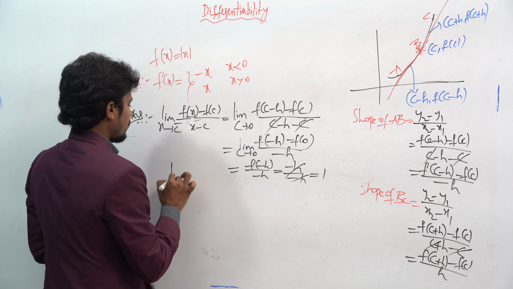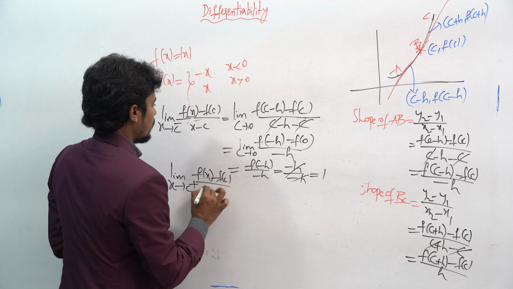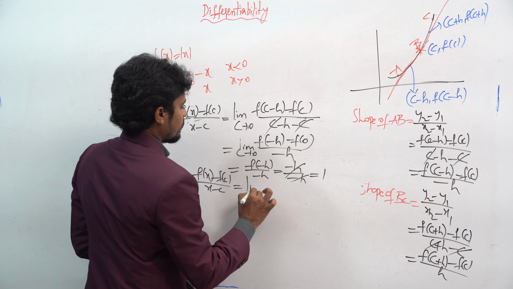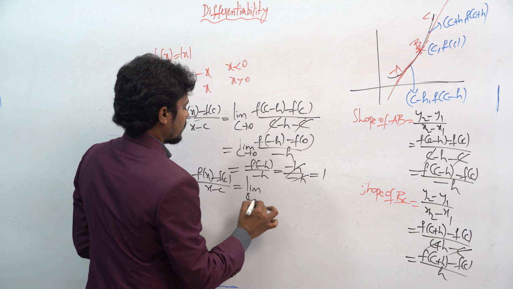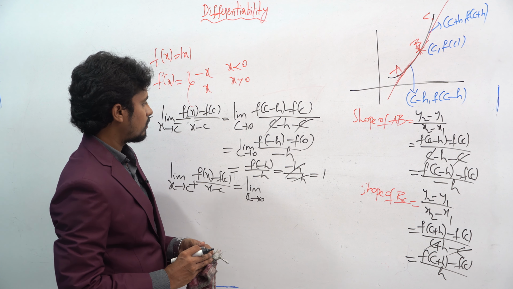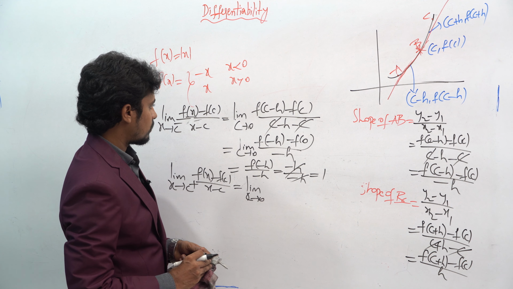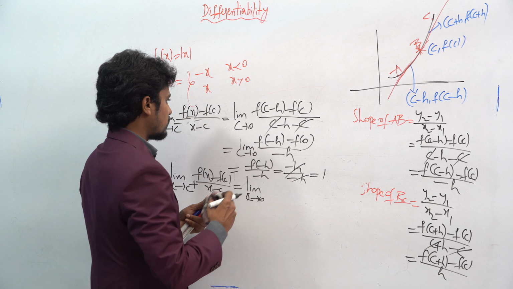And similarly, if you apply the limit x tends to c plus of f of x minus f of c divided by x minus c, for example with c as 0, it is the limit h tends to 0 of f of 0 plus h minus f of 0 divided by 0 plus h minus 0.